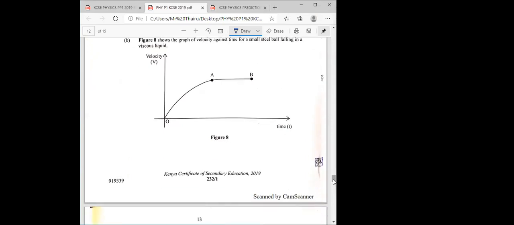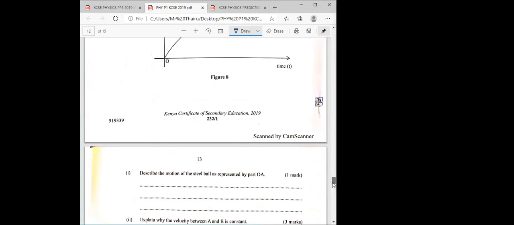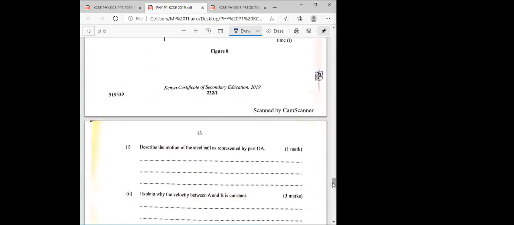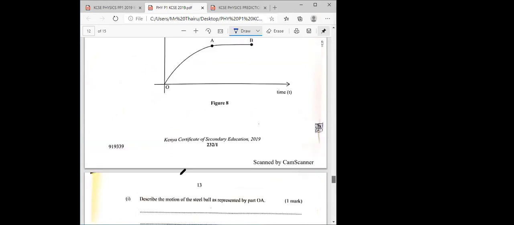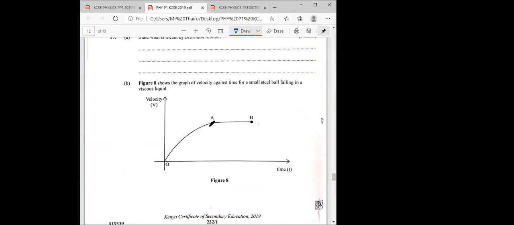Figure 8 shows a graph of velocity against time for a small steel ball falling in a viscous liquid. Describe the motion of the steel ball as represented by part OA. To describe the motion of the steel ball, what can we say?